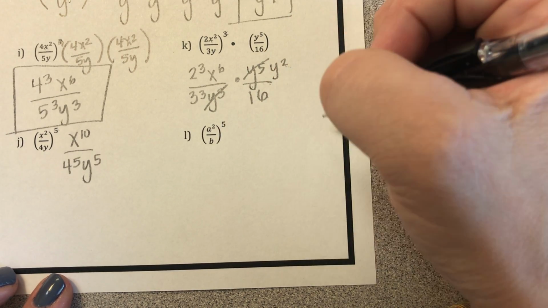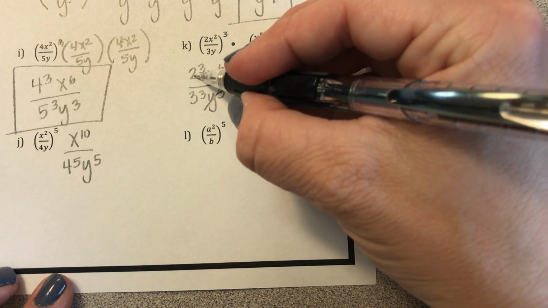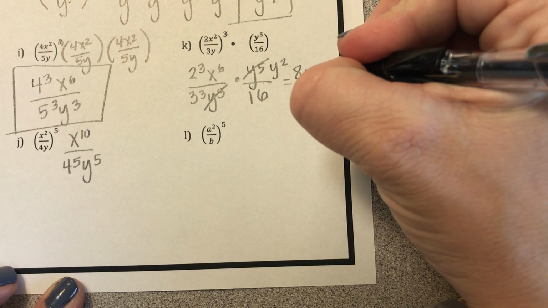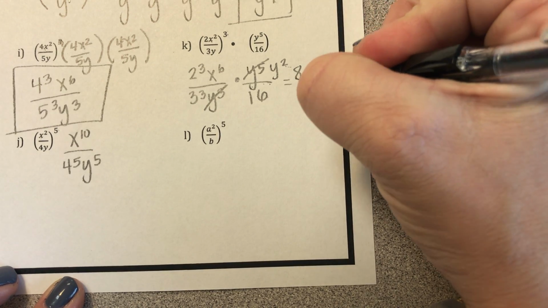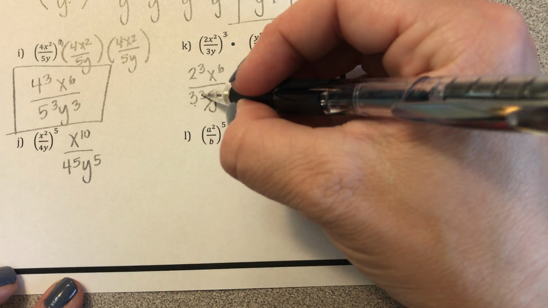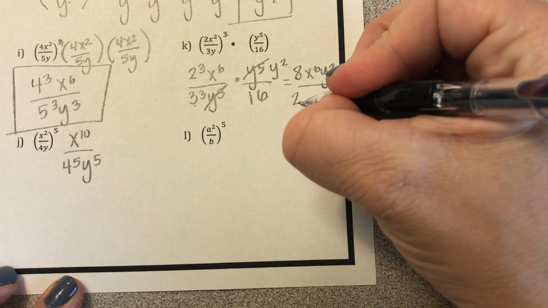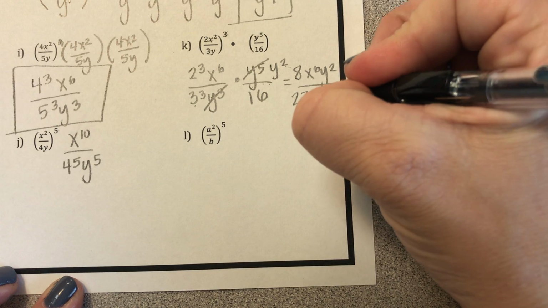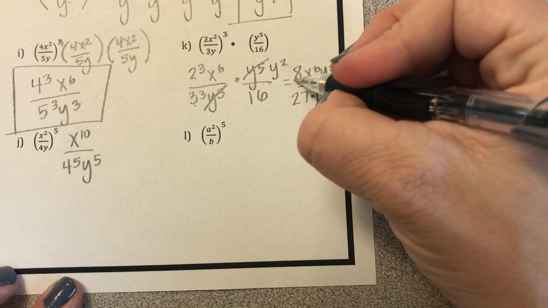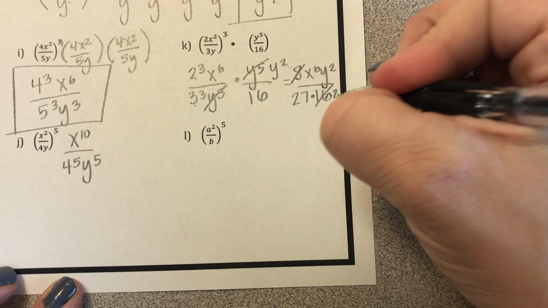But now I have to look at this 16 number. So 2 to the 3rd is 8. So let me rewrite this here. So I have 8 x to the 6th, y to the 2nd over 3 cubed is 27 times 16. So I know that 16 and 8 are both divisible by 8.